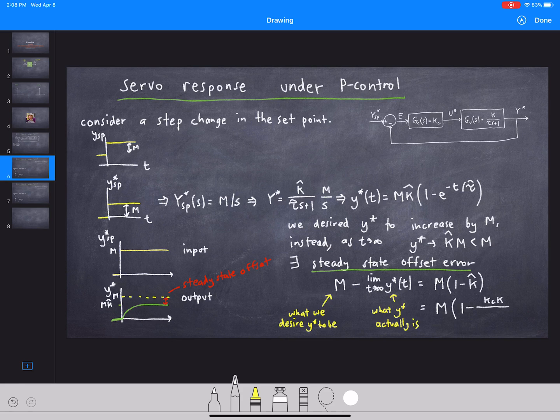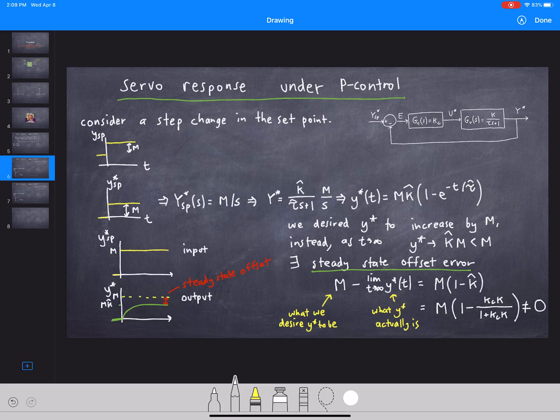So it depends on your controller gain. And it depends on the process gain, okay? Okay, and this is not 0, okay? We would like the steady state offset error to be 0, of course.